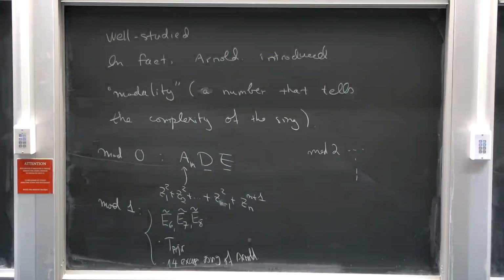All right, so that was isolated hypersurface singularities. And a basic question in algebraic geometry, a rough basic question: given a smooth variety X, what type of singularities can X develop?